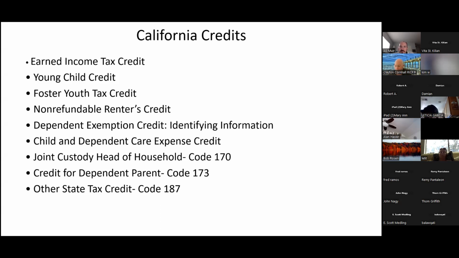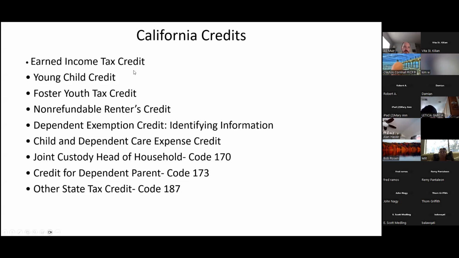Okay, so let's talk about some of the California credits. They've got credits that you'll see on a regular basis at the VITA site, and they include the earned income tax credit. You're going to see that a lot for California. That would include wage earners, and it would also include individuals who are self-employed.